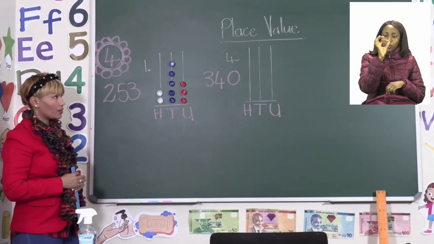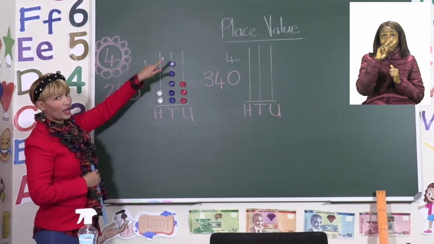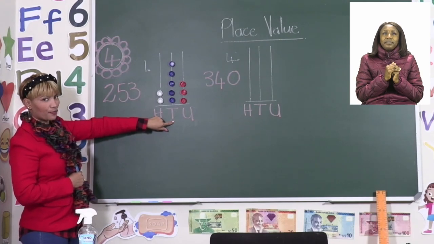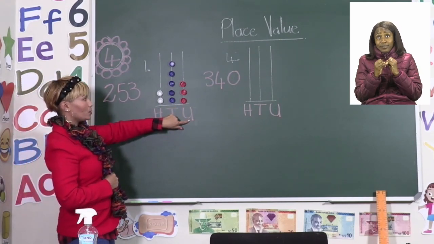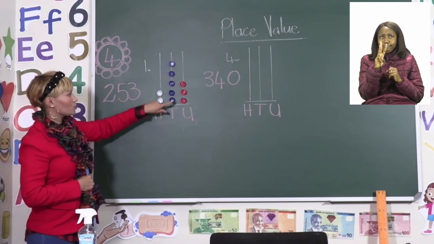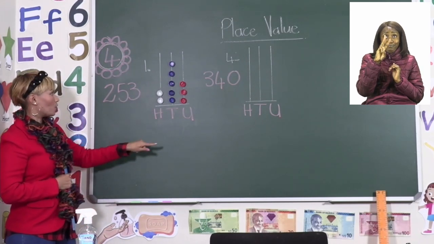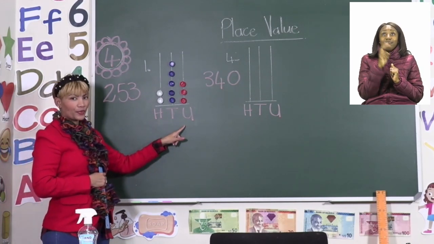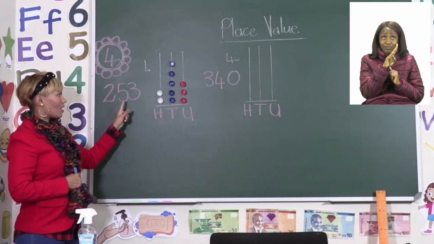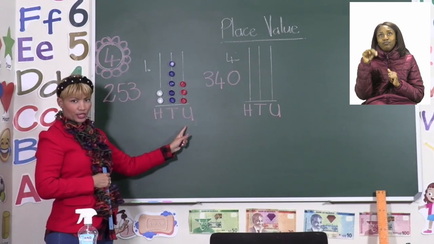So you can now go ahead and draw in 1, 2, 3, 4, 5 little dots that will show your tens. And then we have our units, which is the number 3. And for this, you draw in 1, 2, 3 dots for your units. Okay, so you have 2 hundredths, 5 tens, and 3 units.